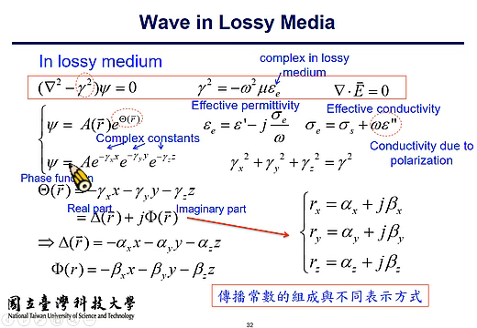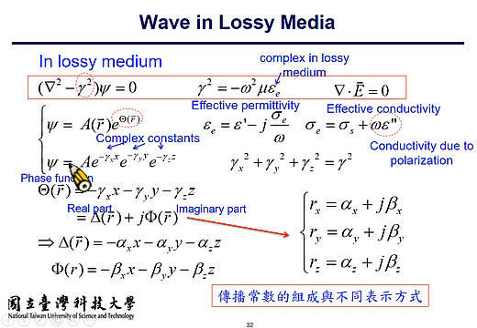So they are not R, they are gamma. They are the projection of the propagation constant on x-axis, y-axis, and z-axis. Okay, so therefore, the sum of the square of the projections equals to gamma to the square.